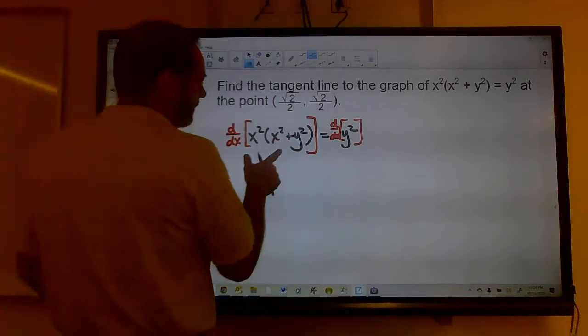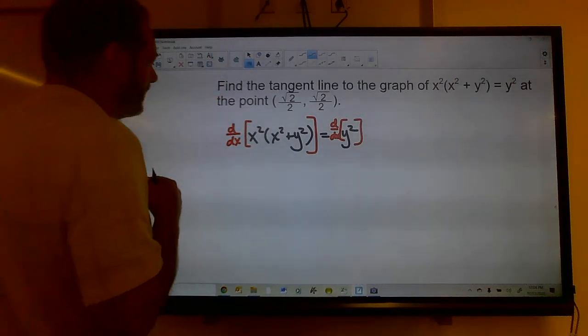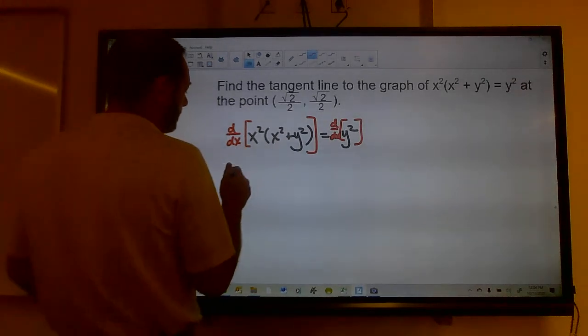Okay, so we've got, let's see, yeah, let's just go ahead and find this. So we got a product rule here.